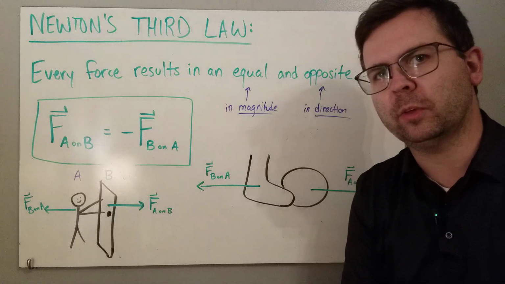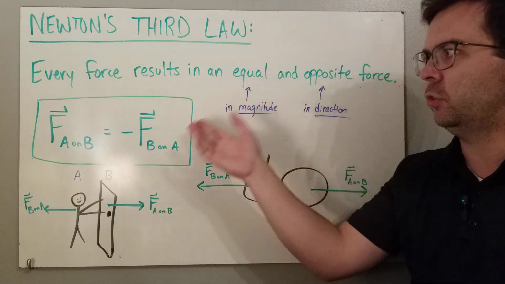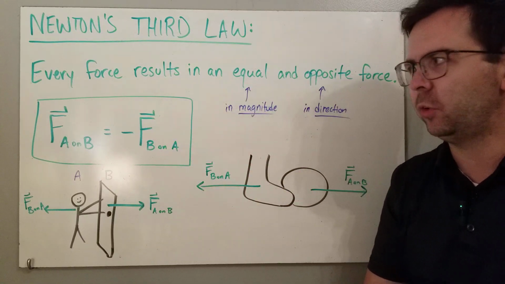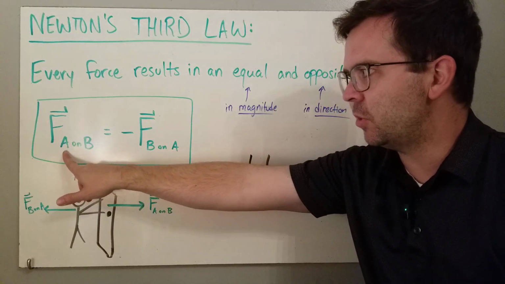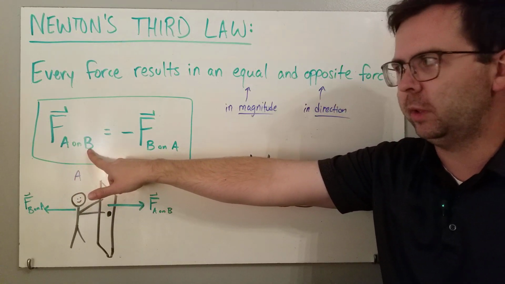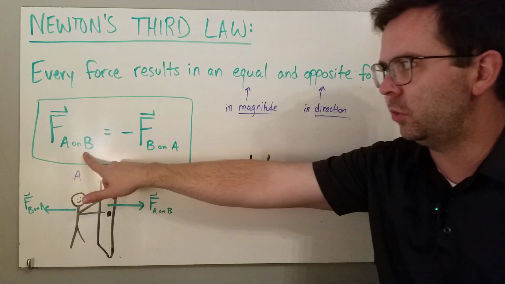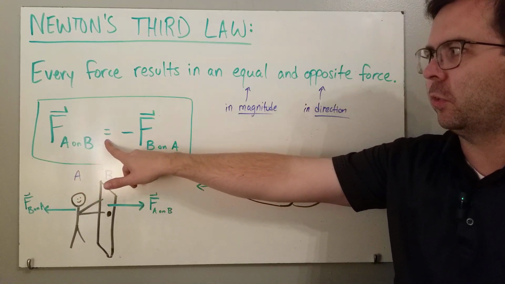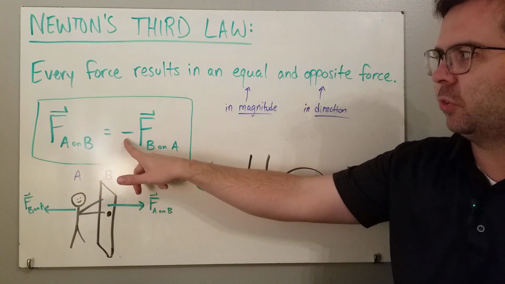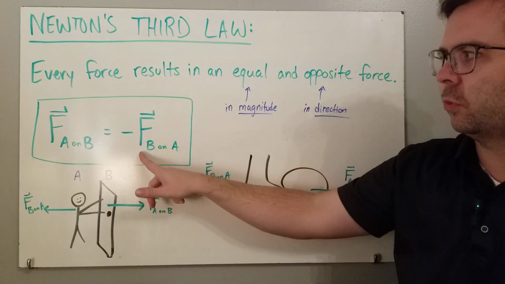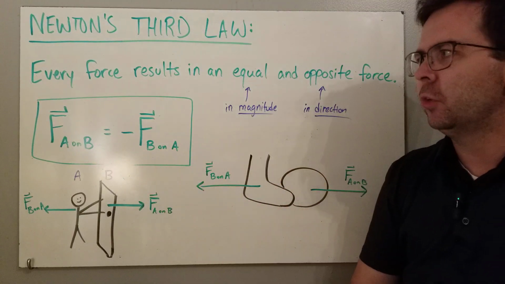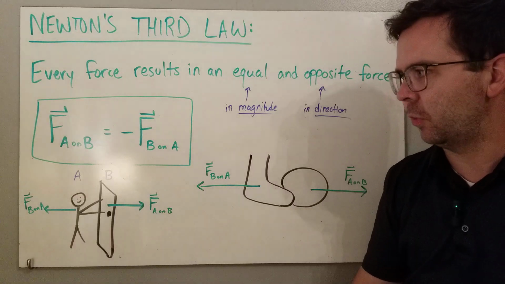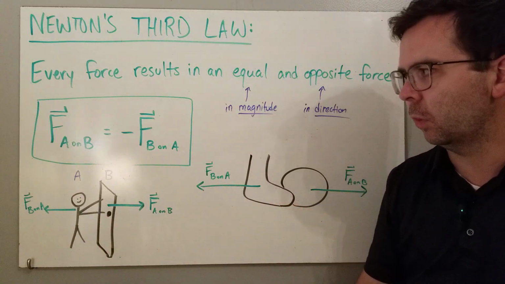If you wanted to write this mathematically instead of in English, you can translate this to a math equation by saying the force vector of object A on object B, so there's a force from object A to object B, is the same as the opposite direction of the force of object B back onto object A. So to see some examples of that, let's say you're trying to push open a door.